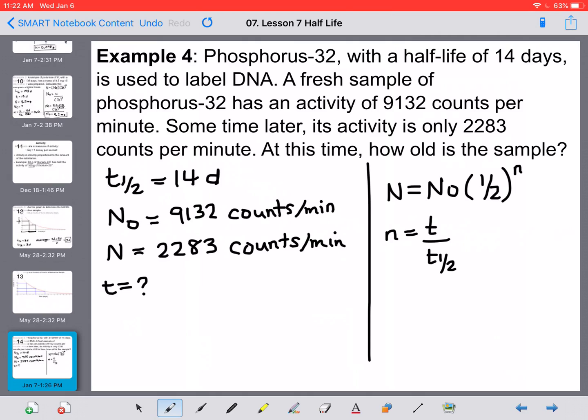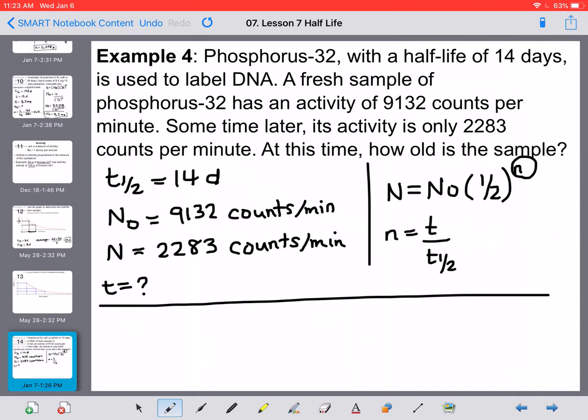If you've taken Math 30 already, you might know that you can solve for little n here using a log. We don't require you to do that in Physics 30. So I'm not going to solve it the way that you would if this was math class. Instead, in Physics 30, here's how they expect you to tackle a question like this.